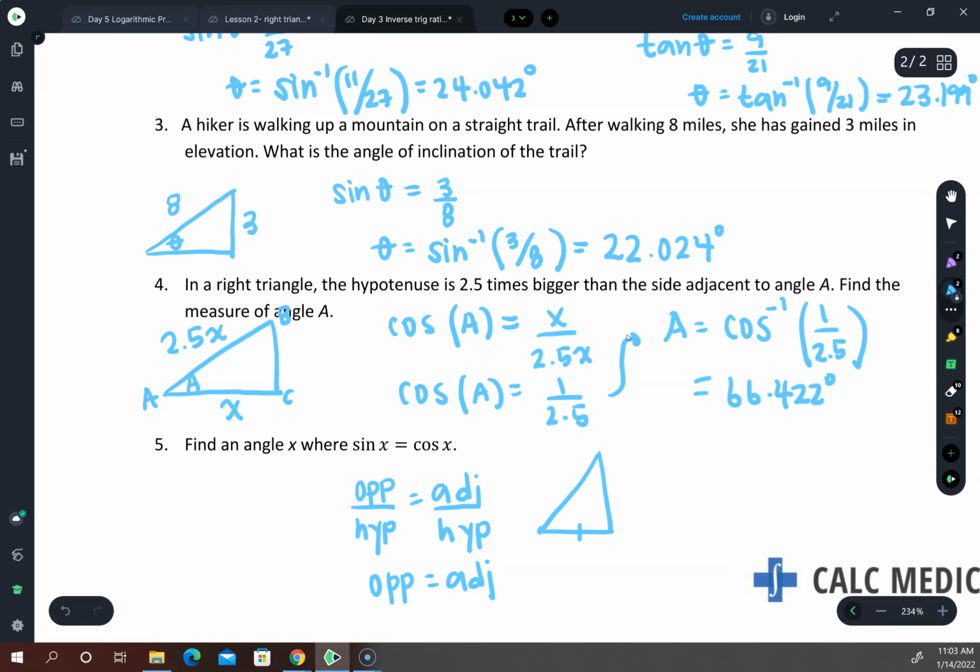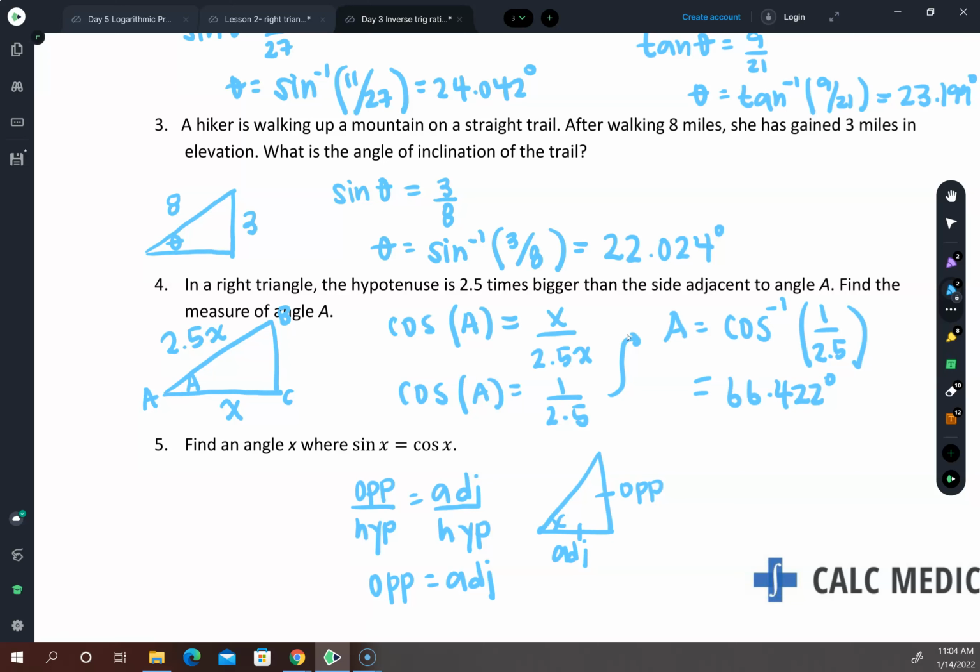So what type of triangle am I going to be looking at? So here's my angle x. My opposite has to be the same thing as my adjacent side. So if they're the same, then I'm going to be looking at an isosceles triangle.